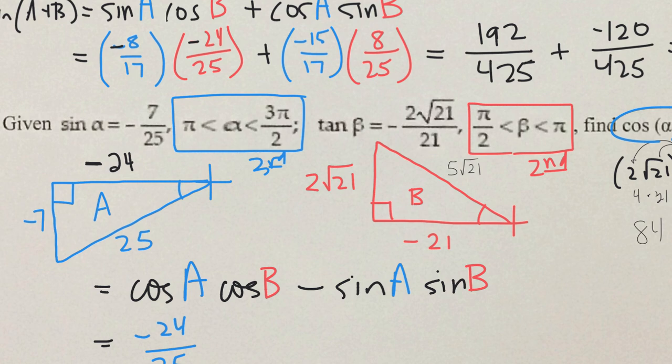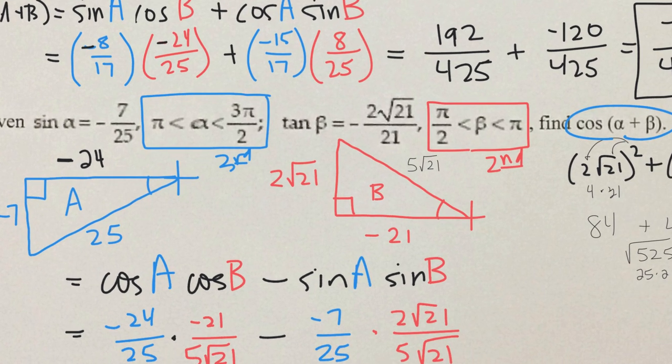The cosine from B is negative 21 over 5 root 21. Minus the sine from A is negative 7 over 25. And the sine from B is 2 root 21 over 5 root 21.